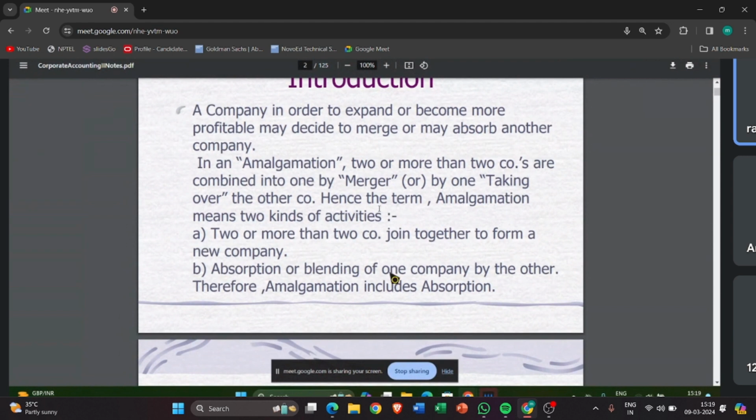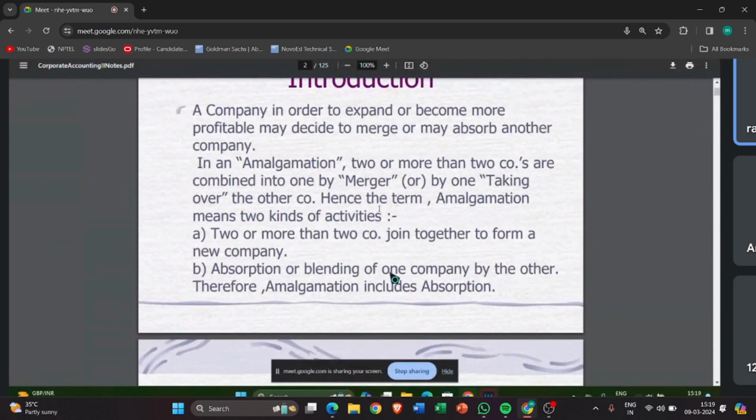That is called a merger, wherein the earlier old companies lose their existence and a new company is formed, which is a much bigger one. So there's a formation of a new company when it is a merger. But if it is a takeover or a purchase, that is amalgamation in the nature of purchase, the second one, wherein one company takes over the other, one company acquires the other, one company purchases the other.